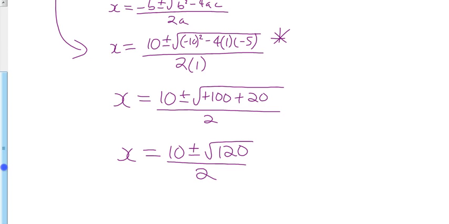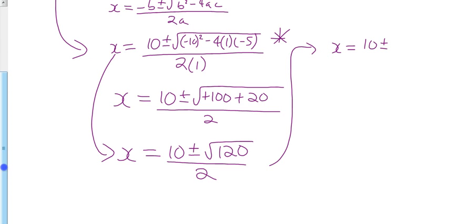You could go from there to there, I guess. Can we just leave it at that because there's no other way? What's a perfect square that goes into 120?